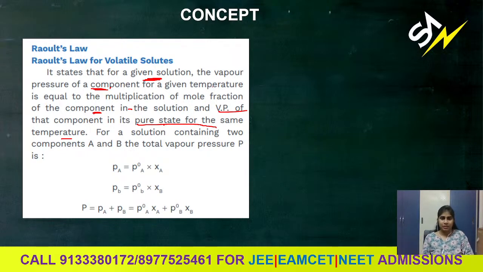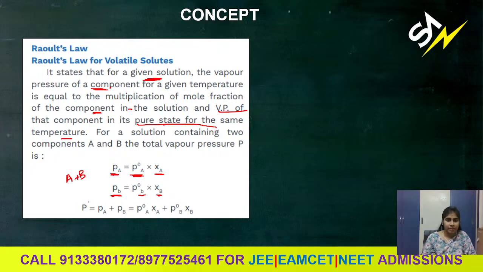See, in its pure state, the vapor pressure is given by P0A. For the solution, it is PA, and XA is the mole fraction. If we take B, assuming it is a mixture of A plus B, it will be P0B into the mole fraction of B.